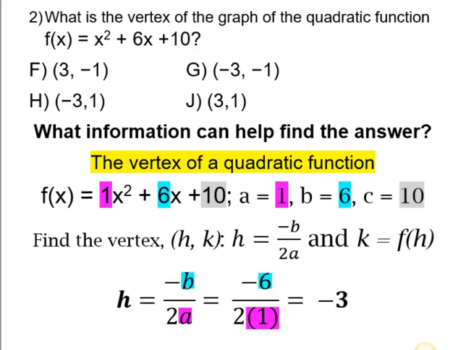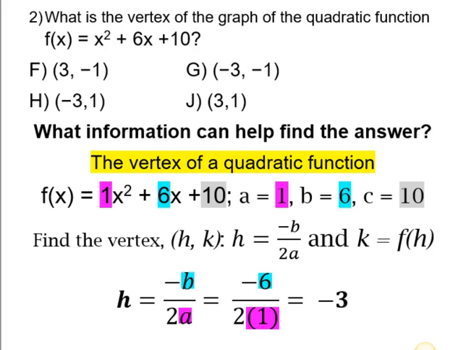Well, first we must understand how we can find the vertex of the quadratic function. To find the vertex, (h, k), it's h and also k. So to find the h, h is equal to negative b over 2a, and k is f of h.